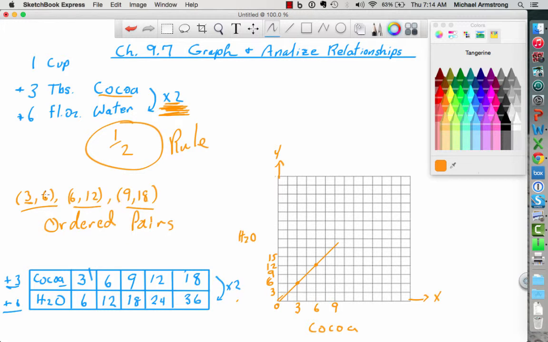And then you have to be able to apply your ordered pairs to your graph. This point right here is 3, 6. This point up here is 6, 12. That's the point right here. And there's a location all over for each number. And so you can always put something together this way. All right, this is going to work out just fine.